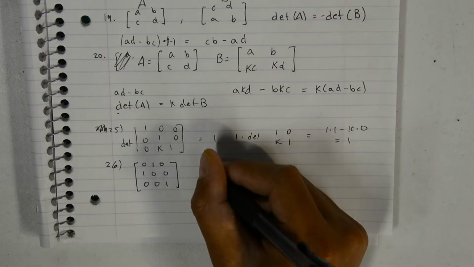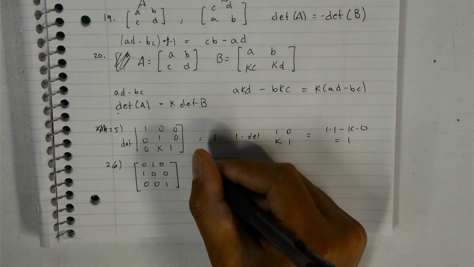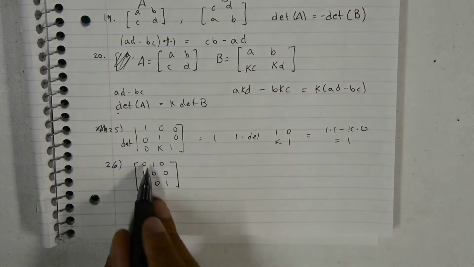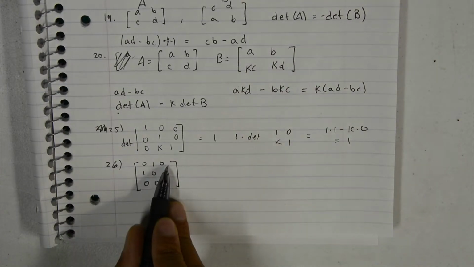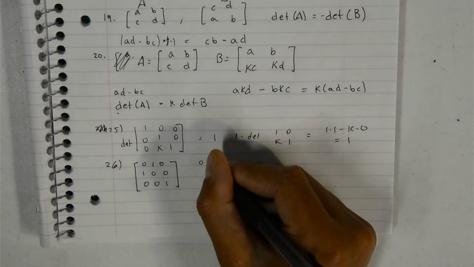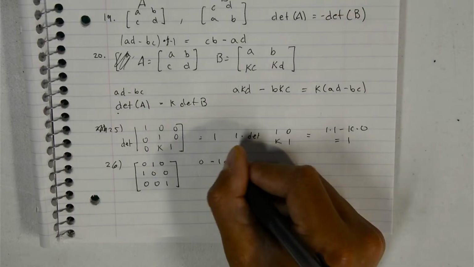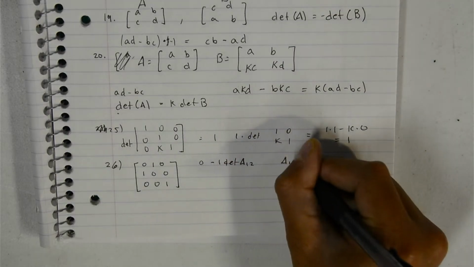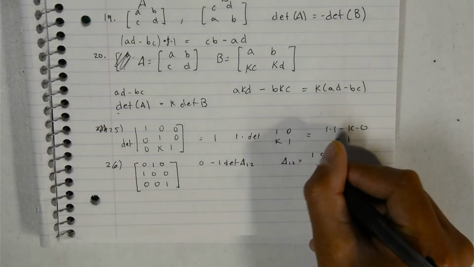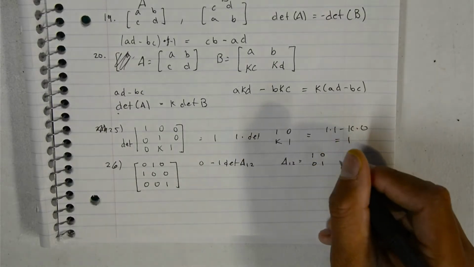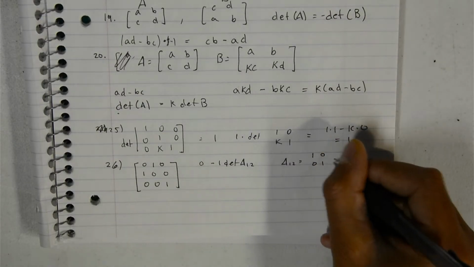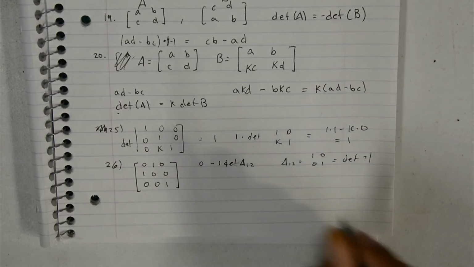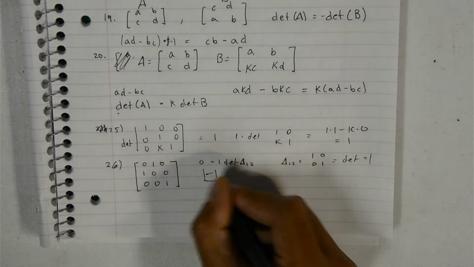So if we do our cofactor expansion along the first row, we should get 0 minus 1 det A12. A12 is equal to 1, 0, 0, 1, which is just the identity, with det equal to 1. So then we're going to get minus 1.